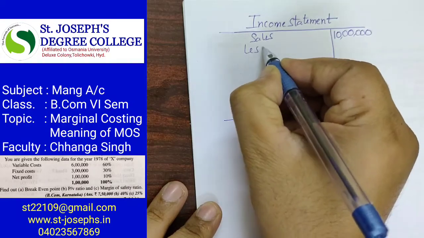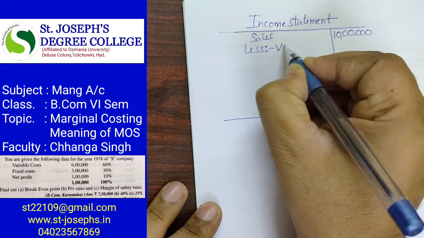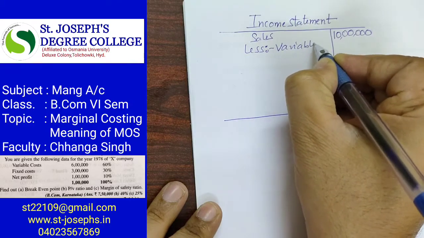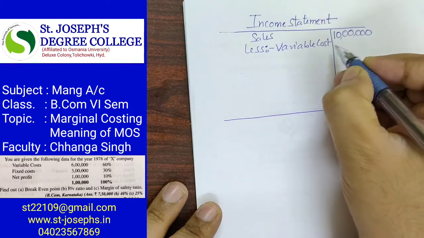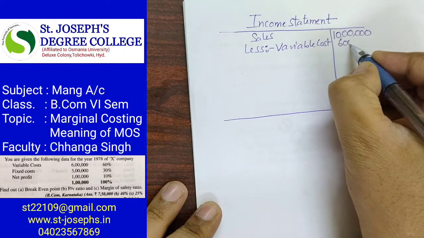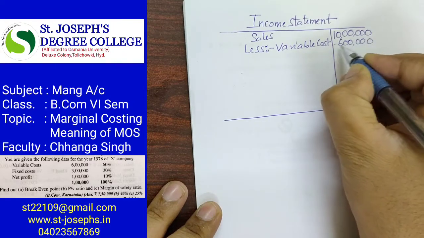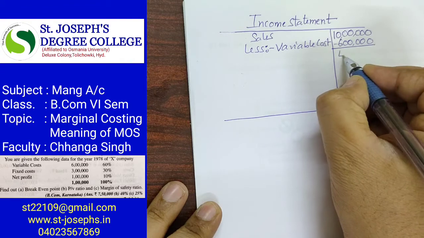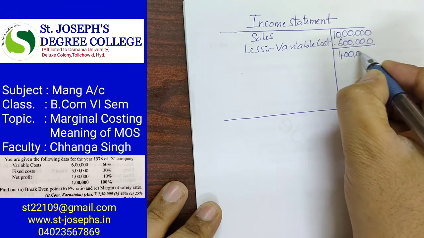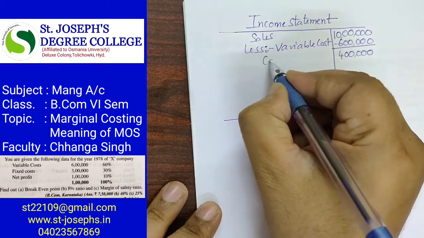From this amount subtract variable cost, that is 6 lakh rupees. Coming to rupees 4 lakh, it is your contribution.